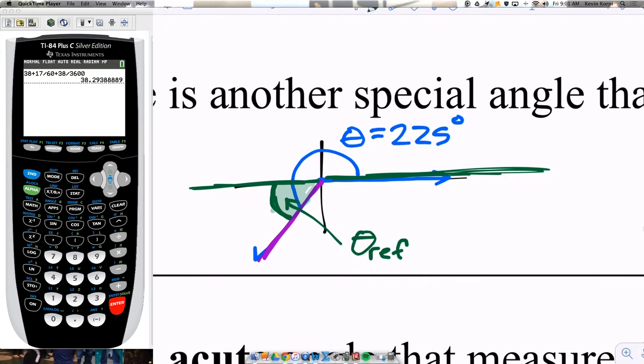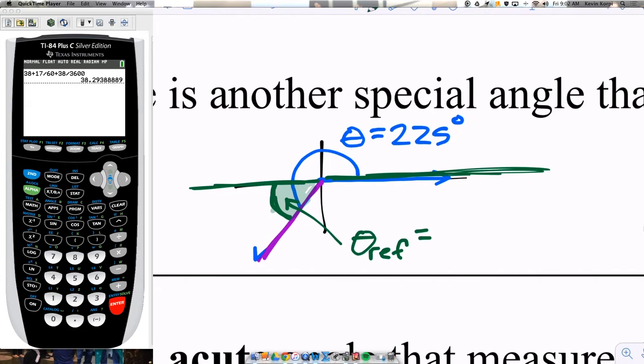Any idea how we can find that? I have an idea. Do you have an idea? I want to figure out what that angle is. There you go.